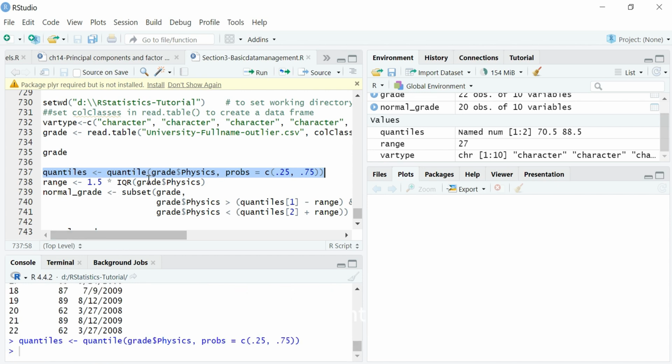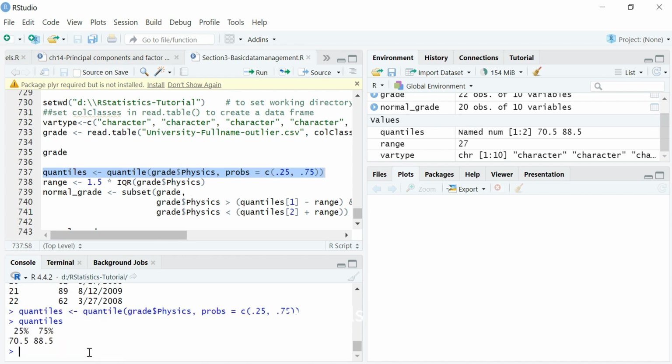So we use a quantile function on grade physics and the probabilities c 0.25 and 0.75. So we show the quantiles.